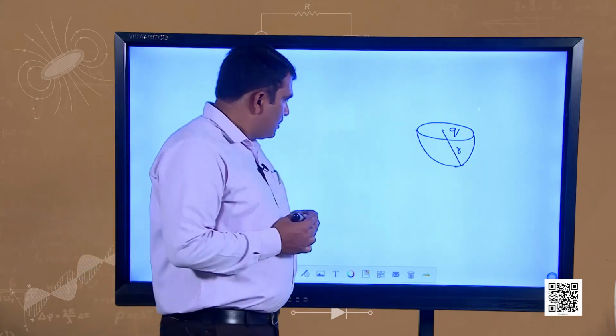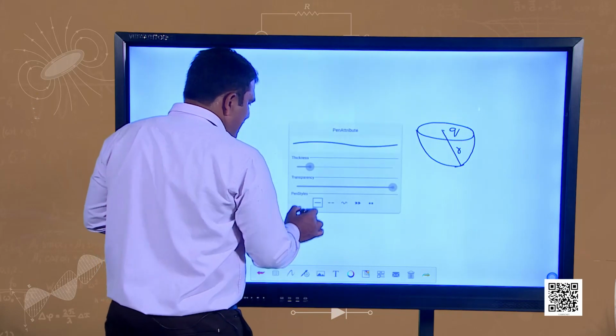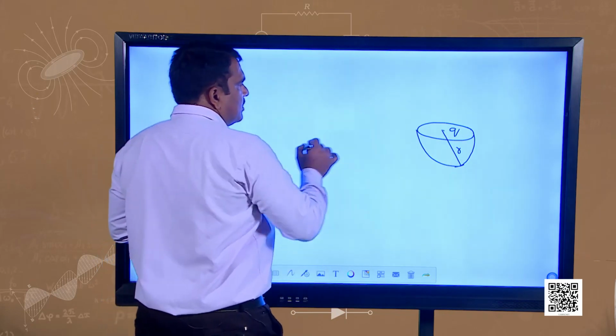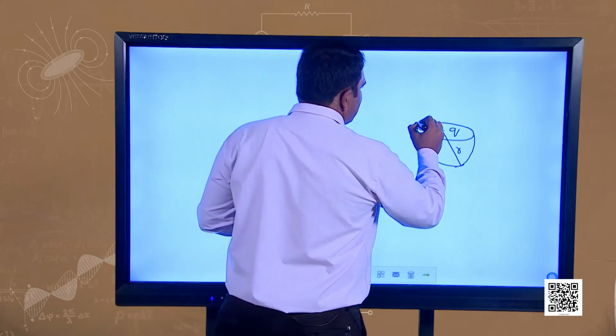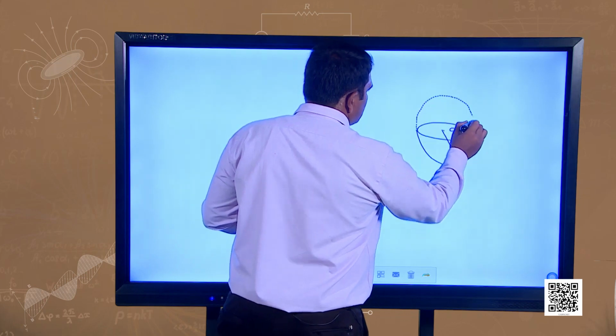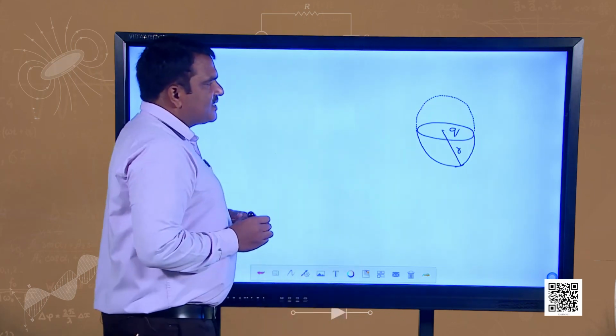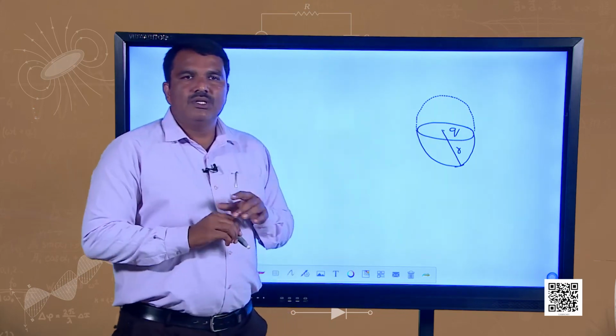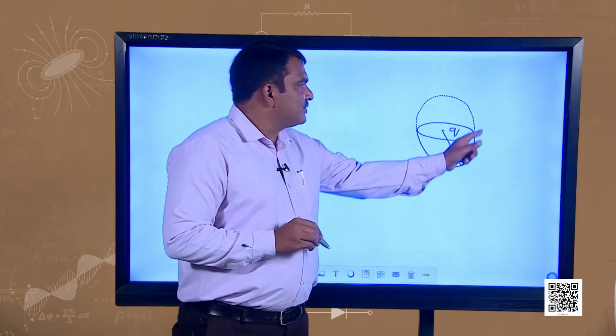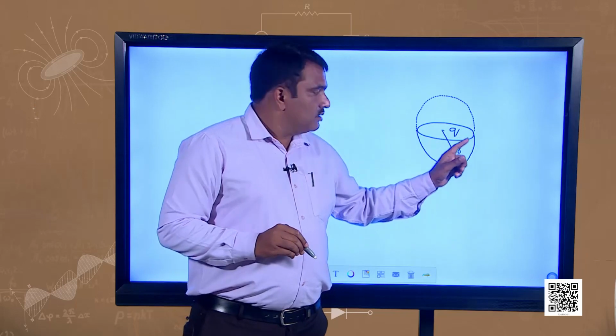Now, we can imagine another hemispherical ball placed over it in such a way that this charge q comes in the center of the sphere.